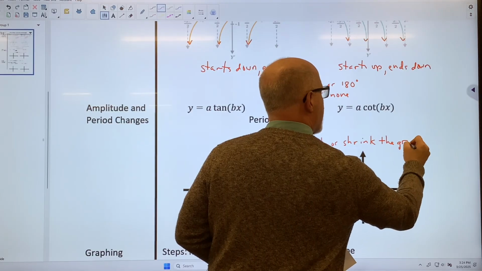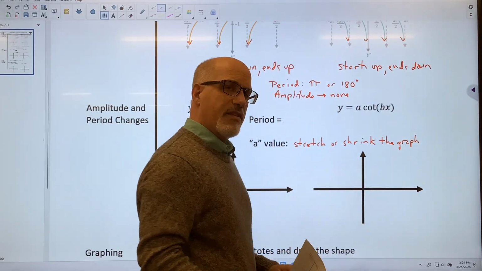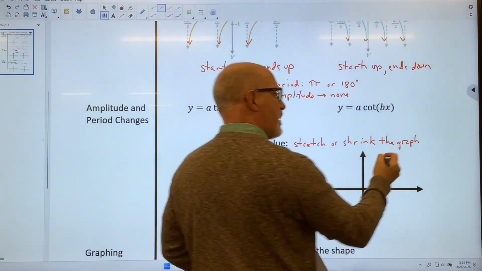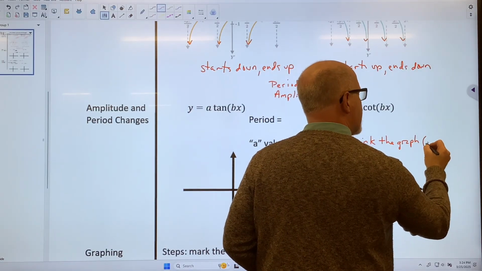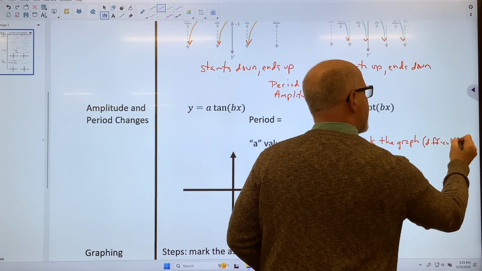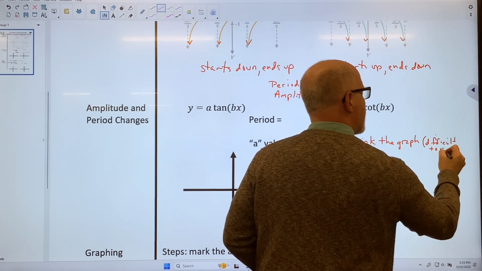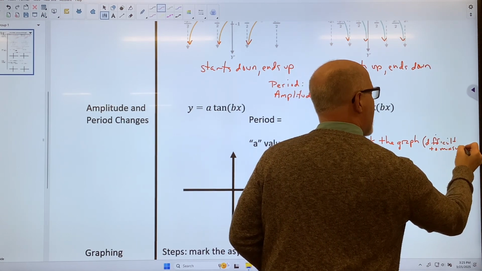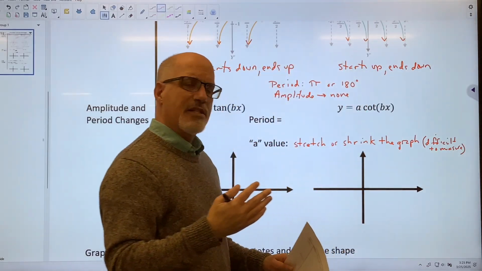Now it's difficult to measure that when we're just drawing these graphs. We're not spending a lot of time. So I'm going to put here difficult to measure only because we're not being as precise as possible.